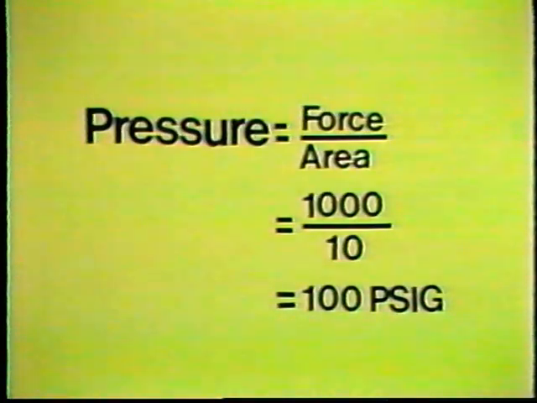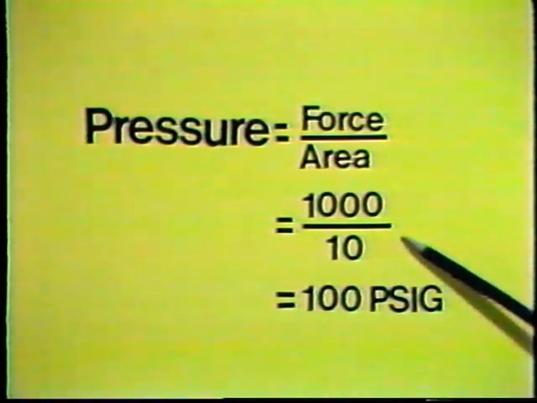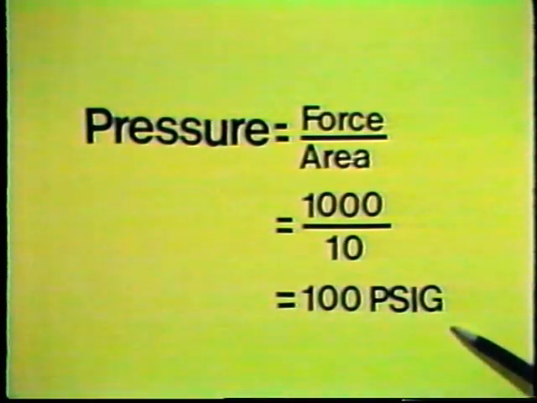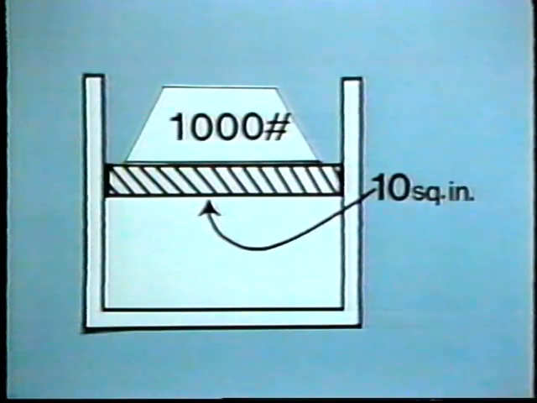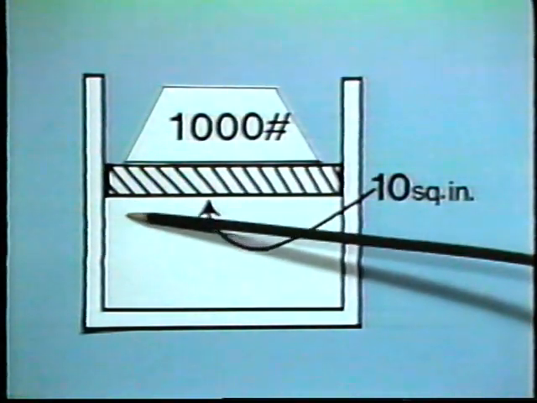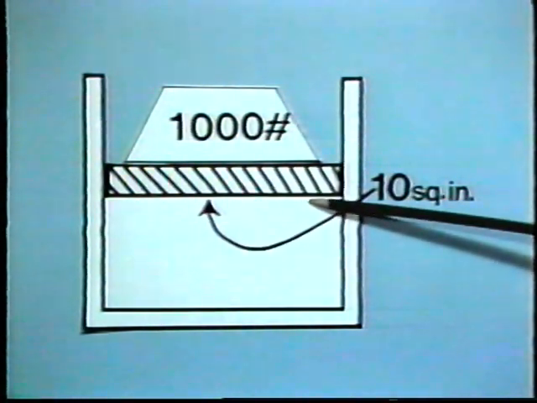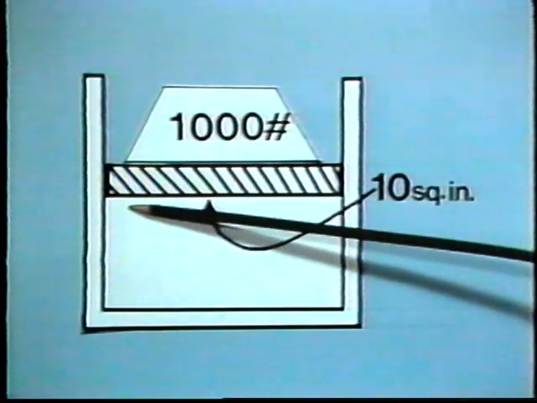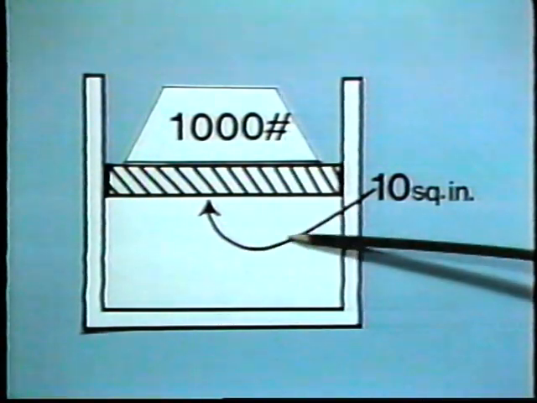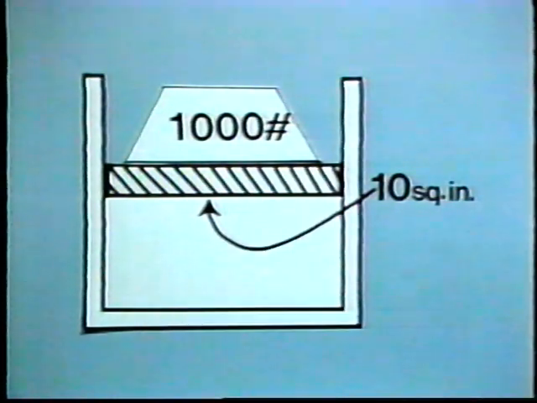In our example, 1,000 divided by 10 equals 100 pounds per square inch pressure. In other words, the force on the piston, 1,000 pounds, is spread evenly over its area, 100 pounds on each of the 10 square inches. And then remember, this pressure is exerted in all directions through the gas.